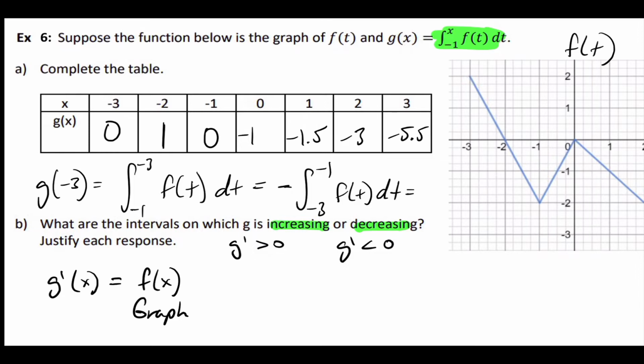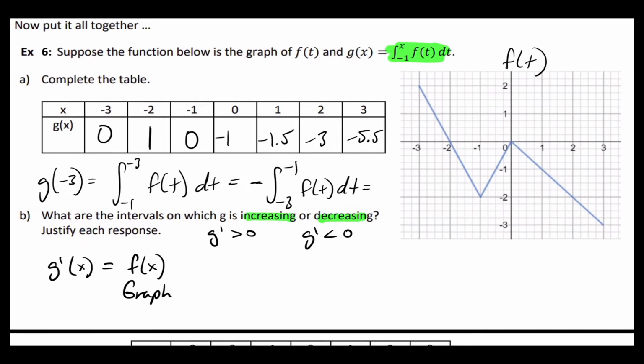Okay, let me color code it. The graph is positive here, negative everywhere else, because G prime is the same as the graph. Okay, G, we did the table for G already.